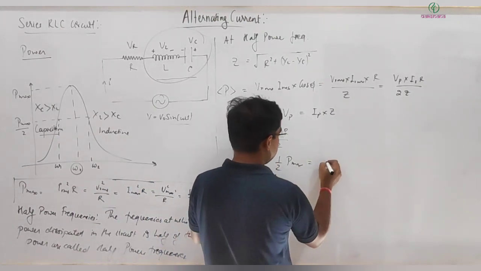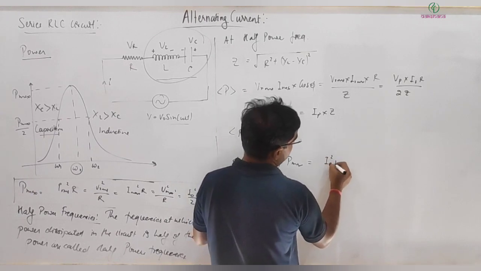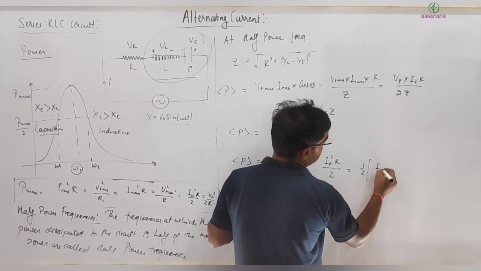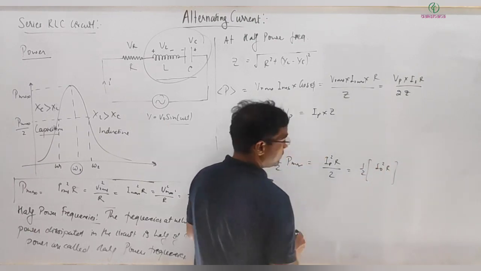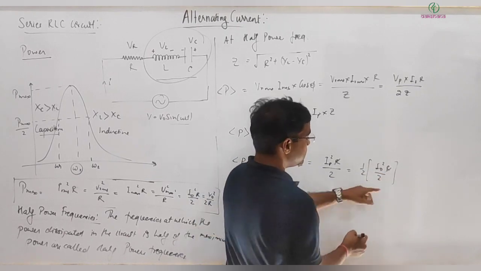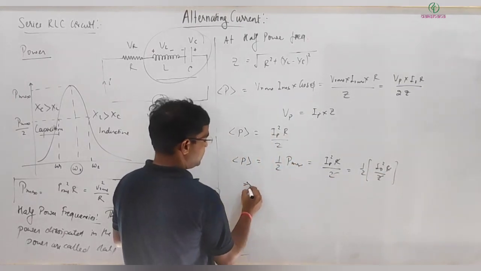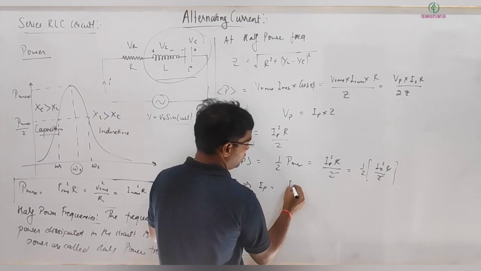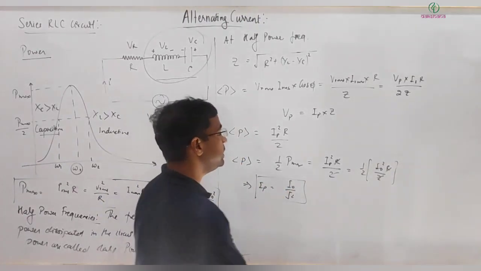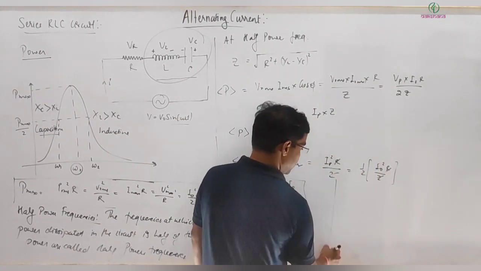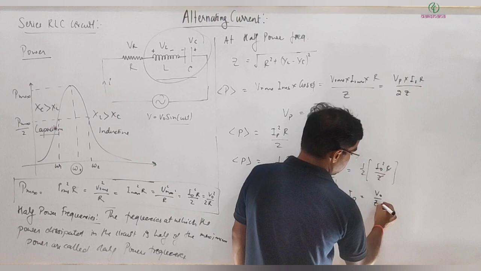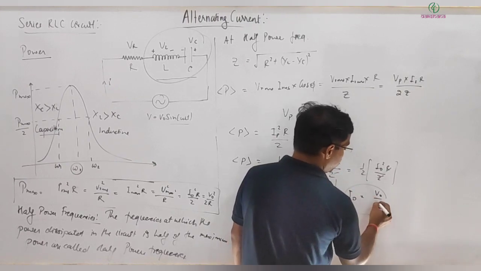That means I peak square into R divided by 2 is half of I naught square into R. So now the half gets cancelled, this implies I peak is coming out to be I naught by root 2. Clear? And we have already calculated that I naught is V naught divided by R.